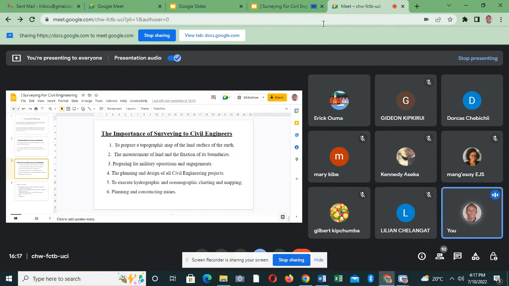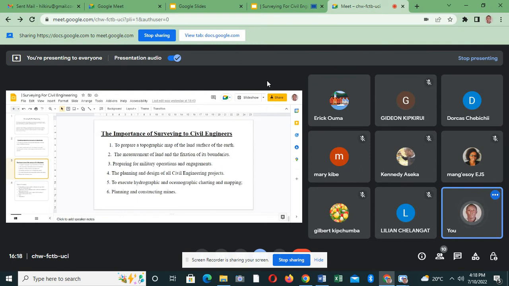Number one is to prepare topographical maps and land survey for the earth. Another important is measurements of land. Everybody has concerns about the land, so we use surveying to measure and fix boundaries. Another one is military operations.